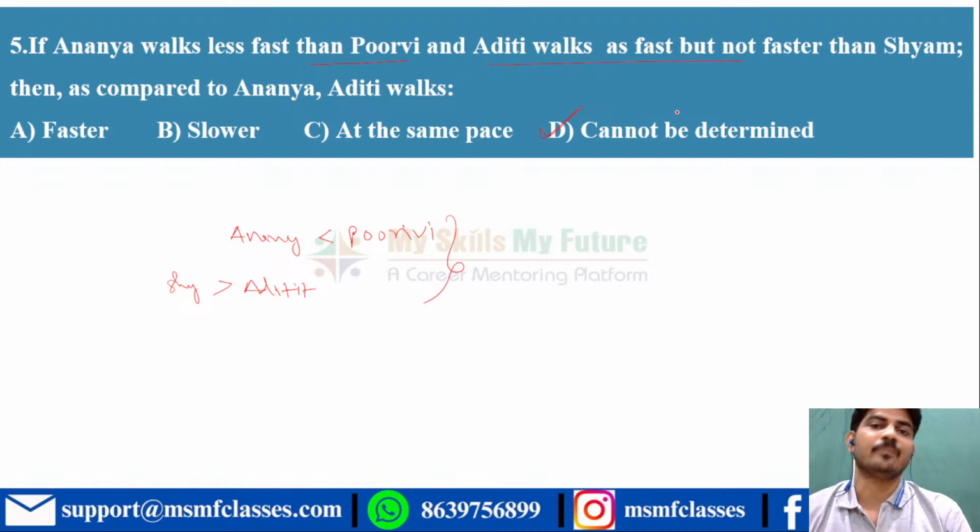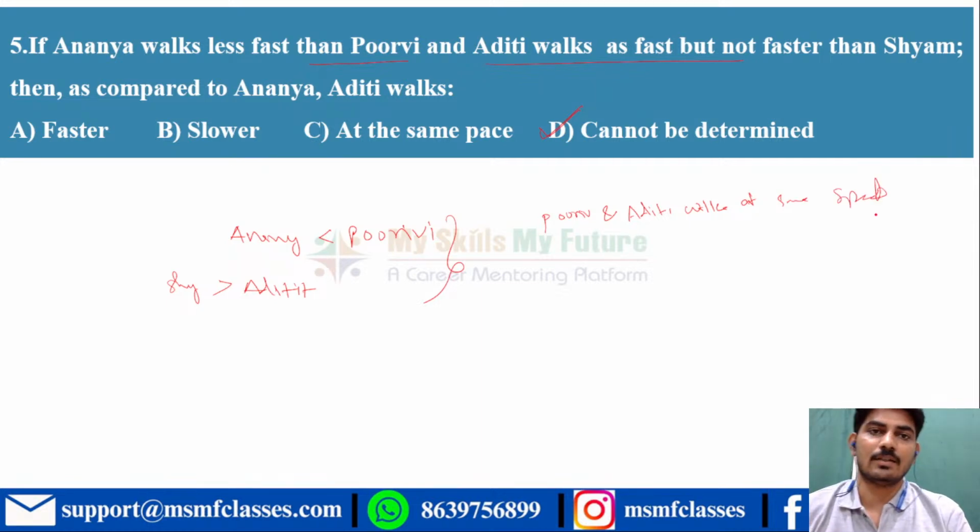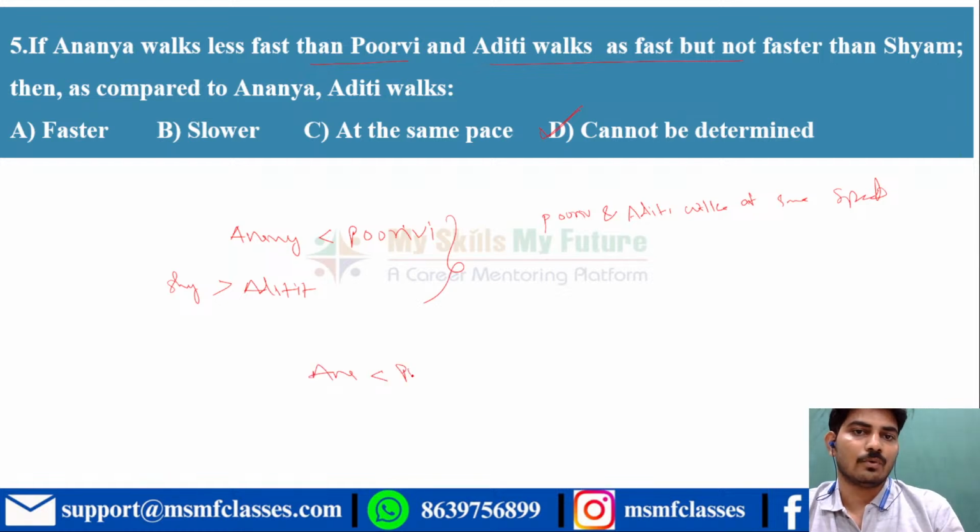Suppose one more statement was given in the question, like this: Purvi and Aditi walk at the same speed. Then we are able to find the relation between these two persons: Ananya is less than Purvi, and Aditi and Purvi are at the same speed, so Aditi is greater than Ananya.